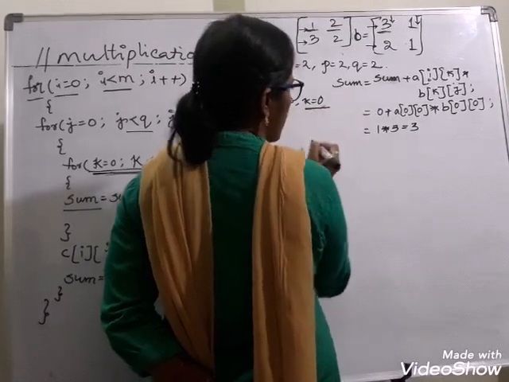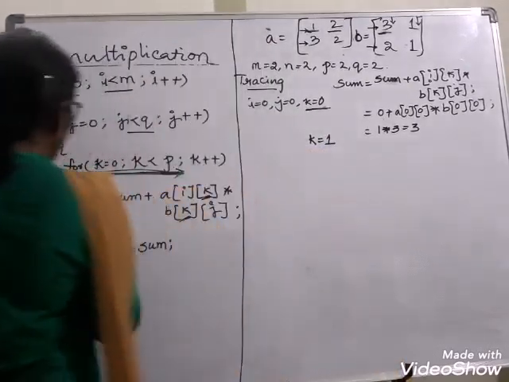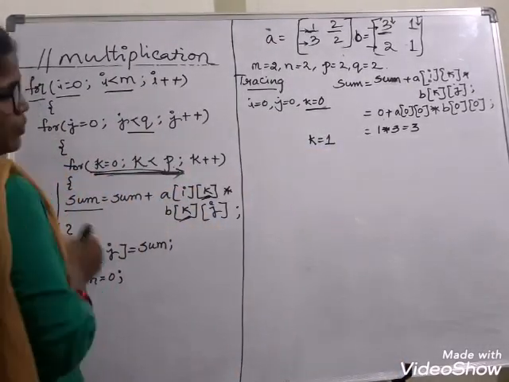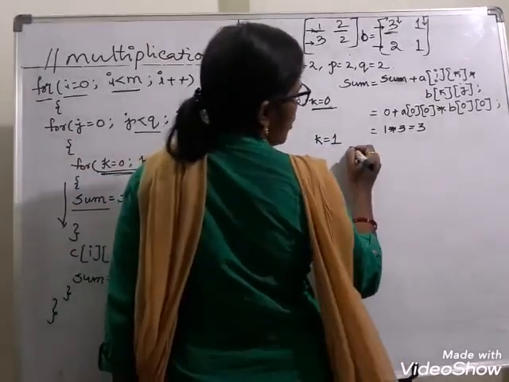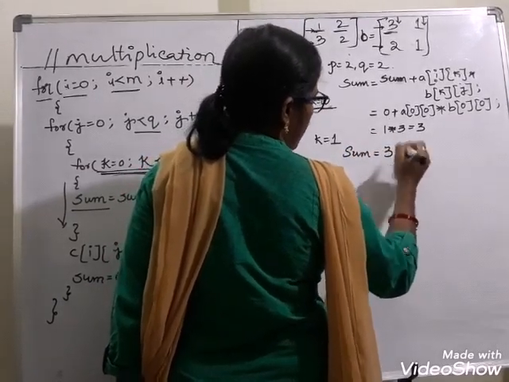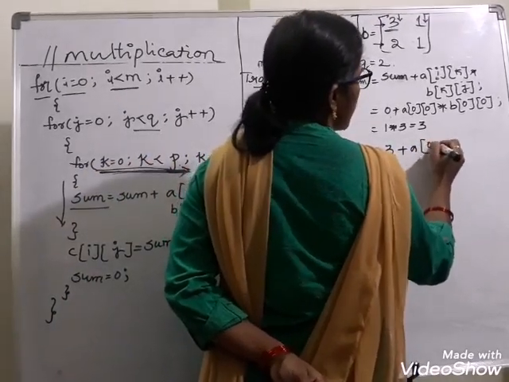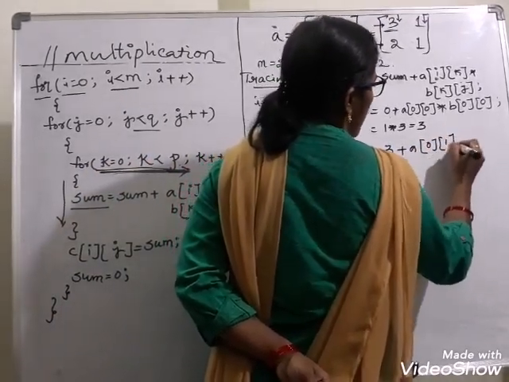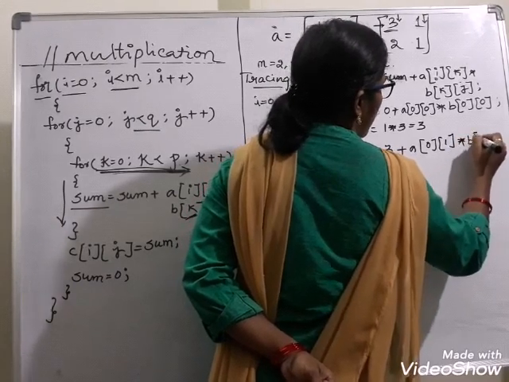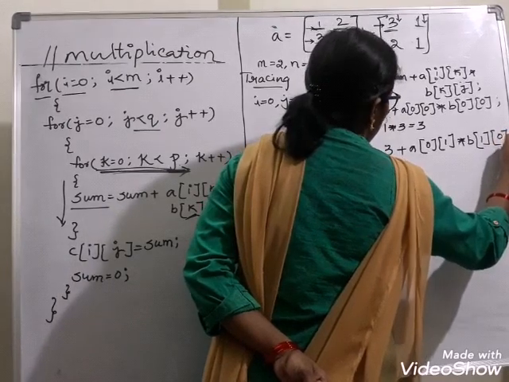So up to this, what you have done is for k equals 0. Now what you have to do is for k equals 1. You are still in this loop. So your sum is already 3, plus what you have to do: i is 0 but your k is 1, multiplied by b where k is 1 and j is 0.